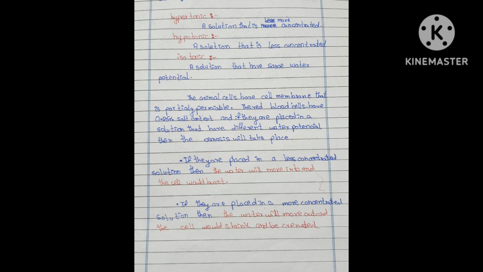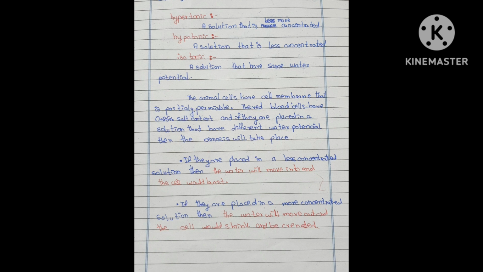Alright, so for the animal cell, we will take the example of red blood cells. We need to know that animal cells have a cell membrane. We have studied in the structure of the animal cell that animal cells have a partially permeable cell membrane. The red blood cells, which are also animal cells, have a water potential equivalent to 0.85% salt content.